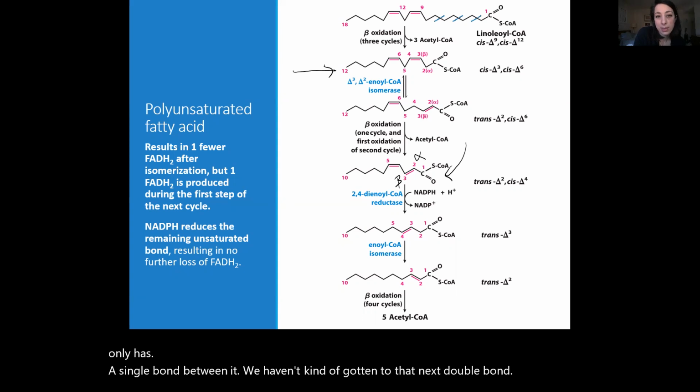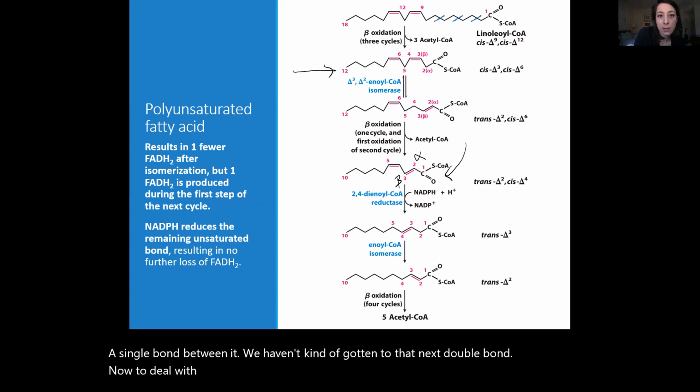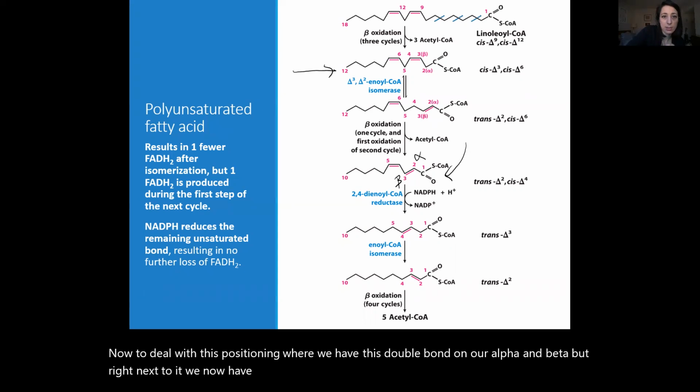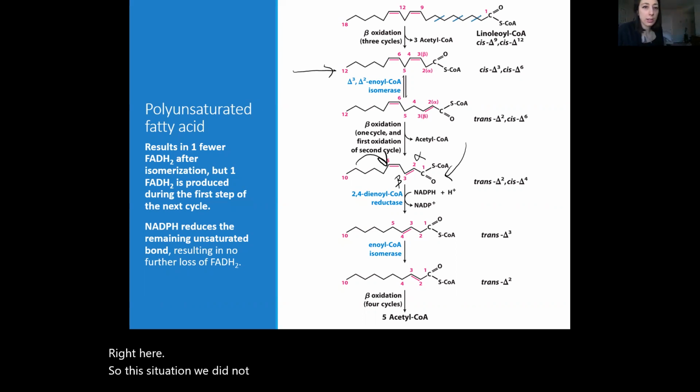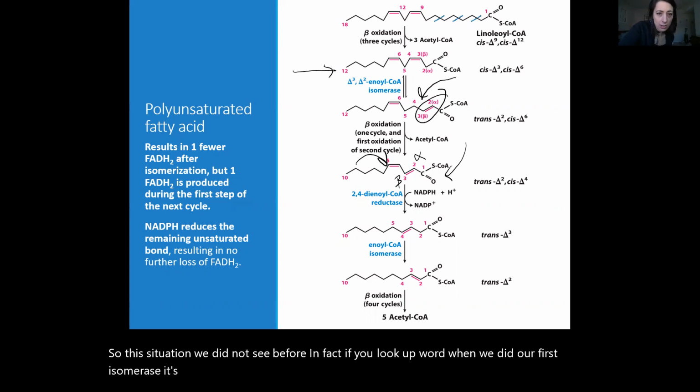Now, to deal with this positioning where we have this double bond on our alpha and beta, but right next to it, we now have another cis double bond right here. So this situation we did not see before. In fact, if you look upward when we did our first isomerase, it separated out our trans bond fairly far from that double bond.